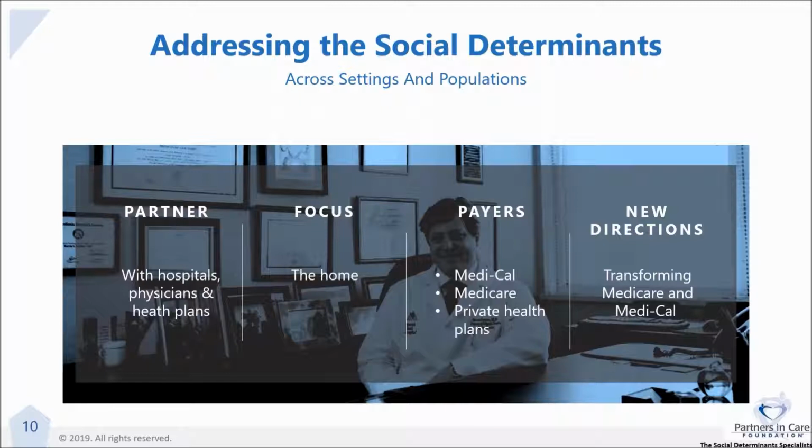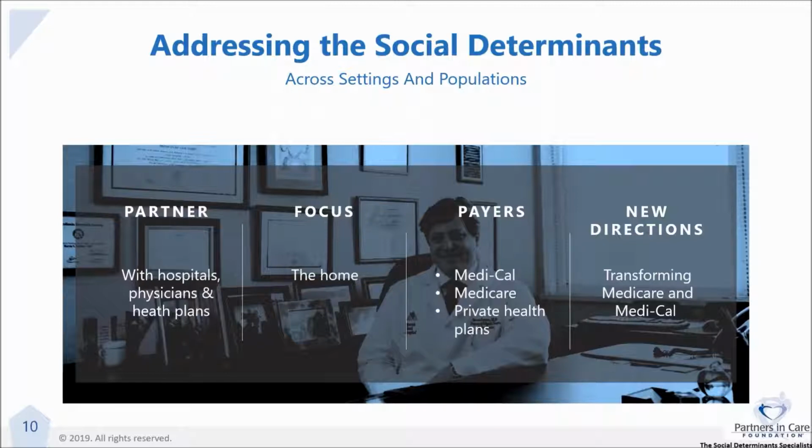We work with Medi-Cal, Medicare, and other private health plans, and we really try to work towards transforming Medicare and Medi-Cal. And Partners does that, but as I alluded to earlier, there's also now a movement towards population health. Population health is really taking a look at large populations and going through risk stratification, which I'm going to get into a little bit further on in the presentation.